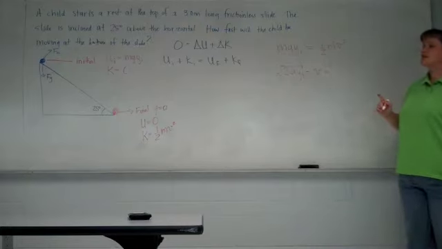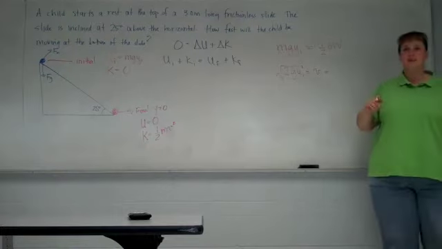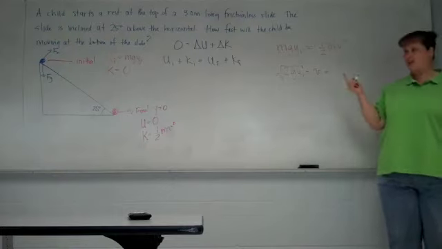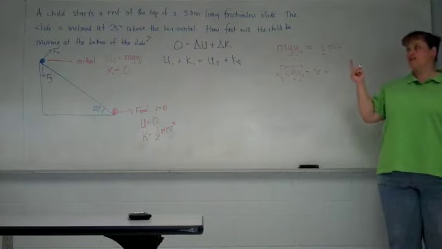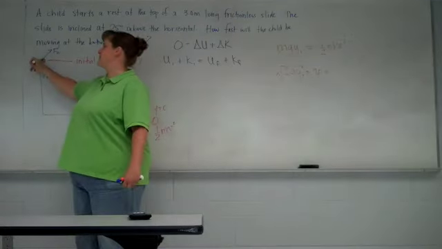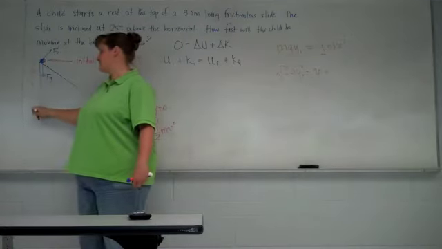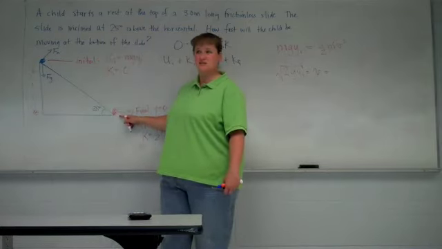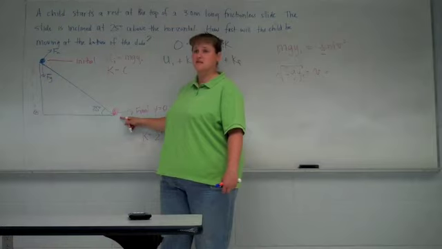Now, gravitational potential energy depends only on vertical height. Say the kid decides to jump off behind the ladder and get to the ground, versus going down the incline and getting to the ground, he'll have the same speed.